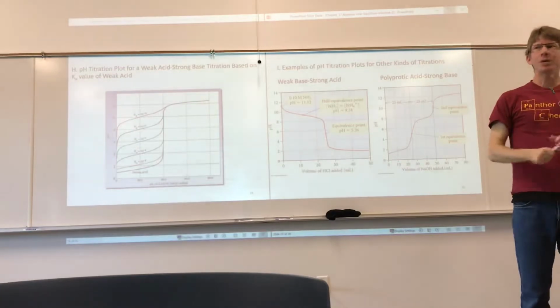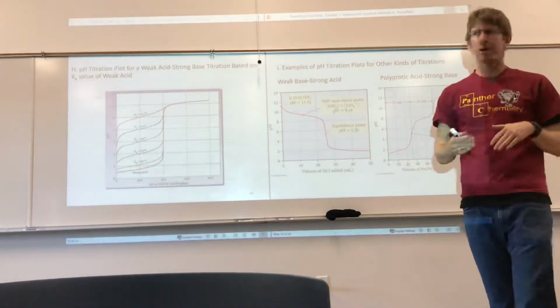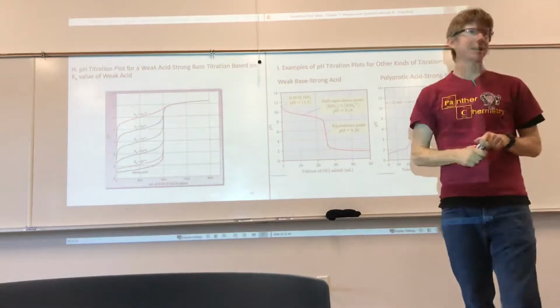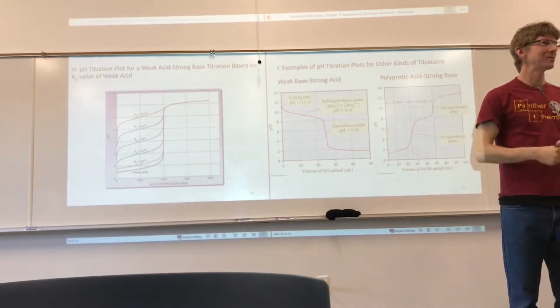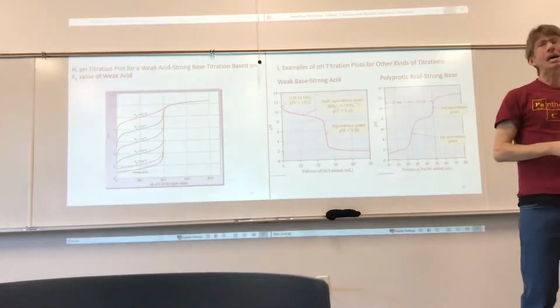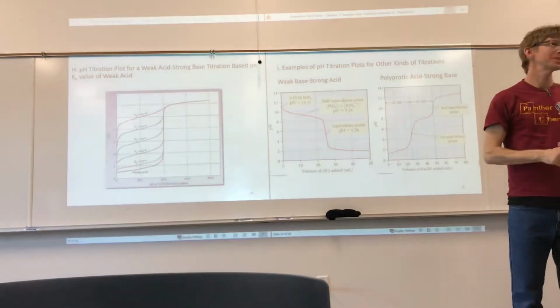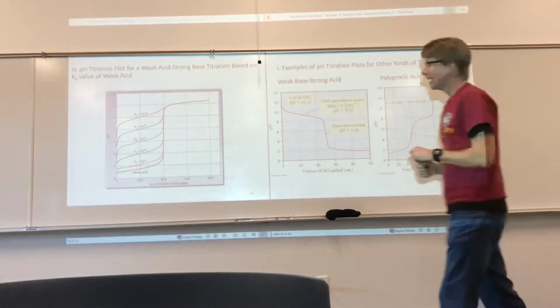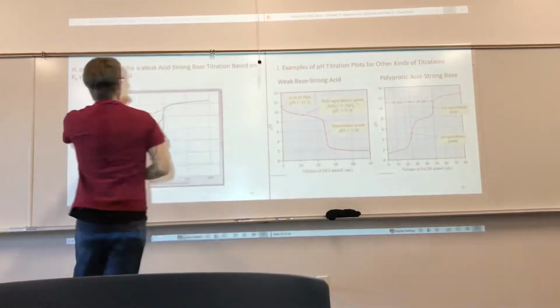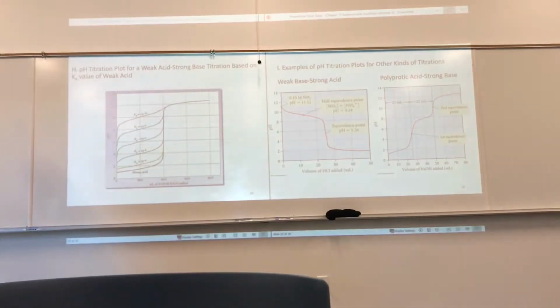So where were we? Well, we are towards the end of, well, at least the middle, maybe not the end of chapter 17. In chapter 17, we've already talked about buffers. We've already talked a lot about titrations. And for weak acid, strong base titrations, we did some calculations last time.